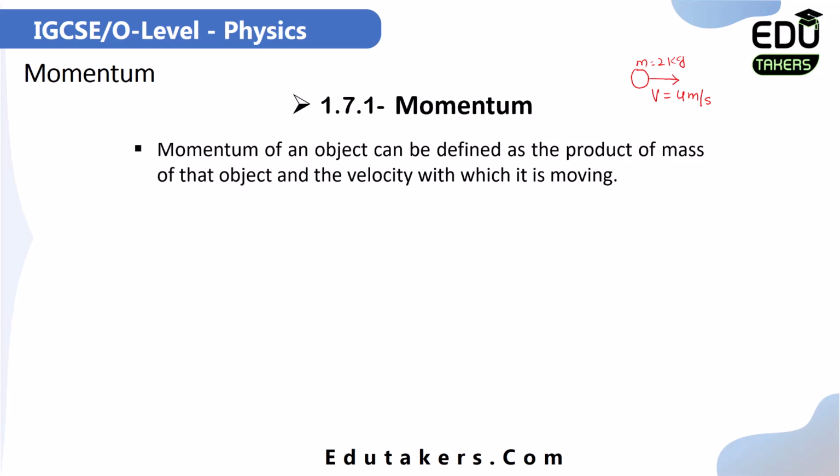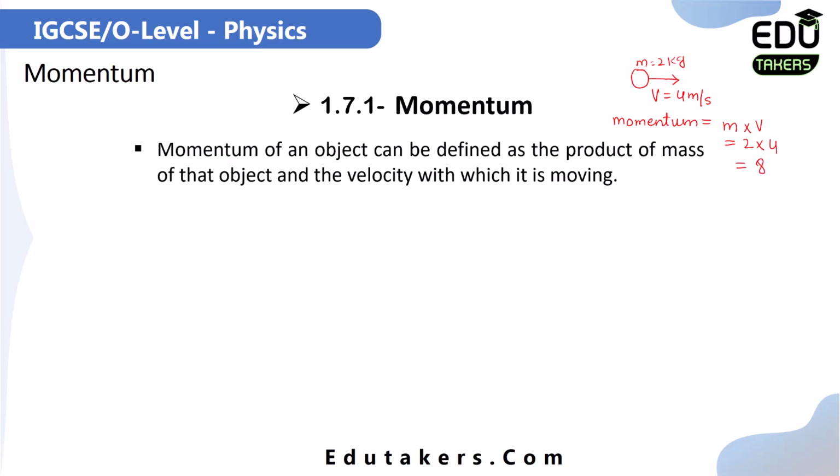second. When you have to find out the momentum, then momentum is equal to the product of mass and velocity of the body. The mass of that body is given, which is 2 kg, multiplied by the velocity, which is 4. So the momentum comes to be 8.